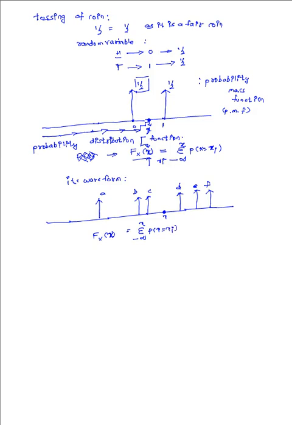So if I am adding all the impulse weights up to this point x, I am going to get the distribution function. So let us see what is the plot of that Fx of x. Right now, up to this point there are no impulses, but suddenly at this point there is an impulse whose weight is a.